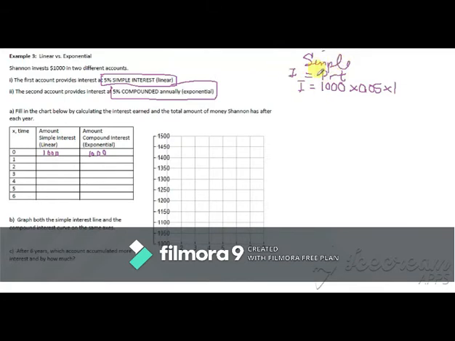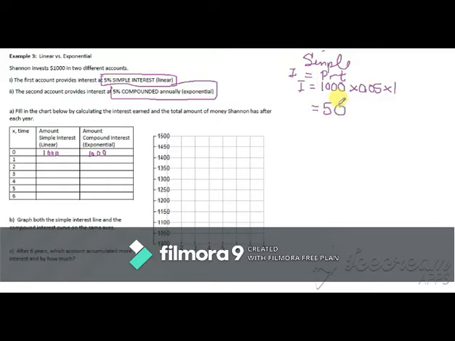That might look familiar from past years, or if you've done it, this year we did the financial mathematics before this portion of the course. So PRT should look familiar. The actual interest earned is going to be $50.